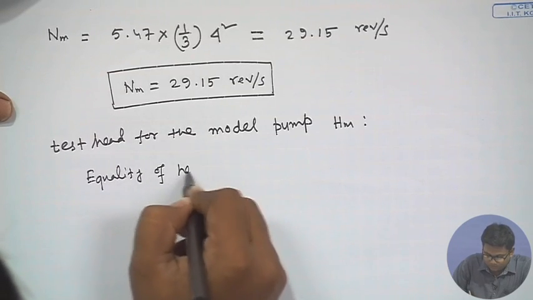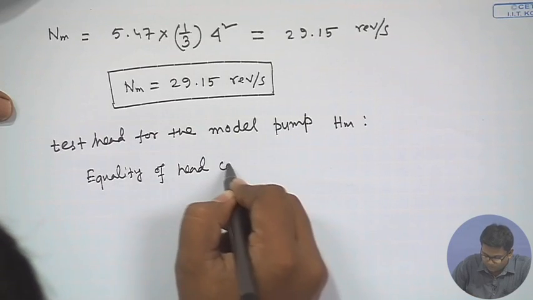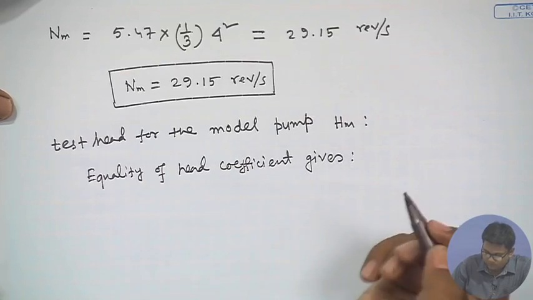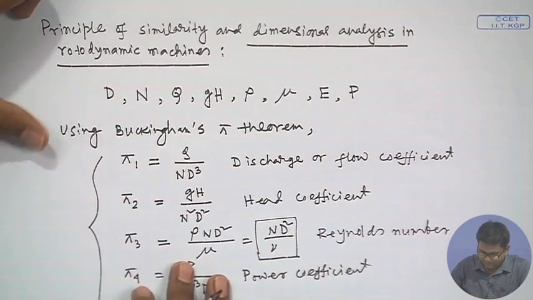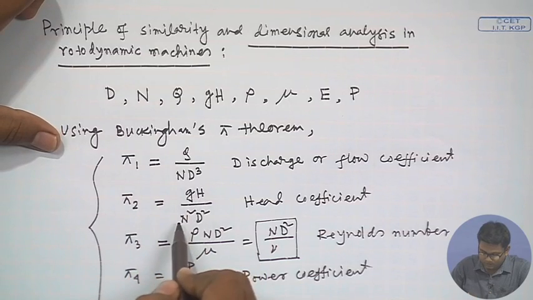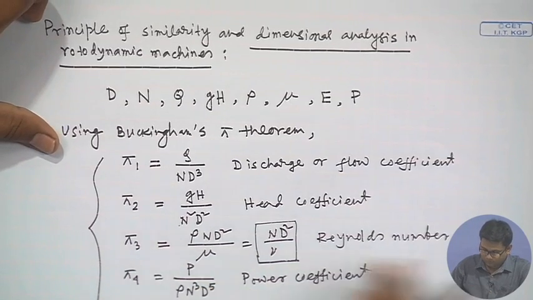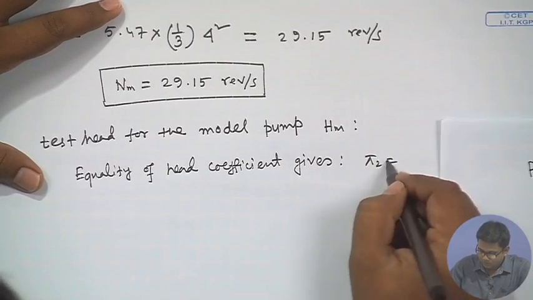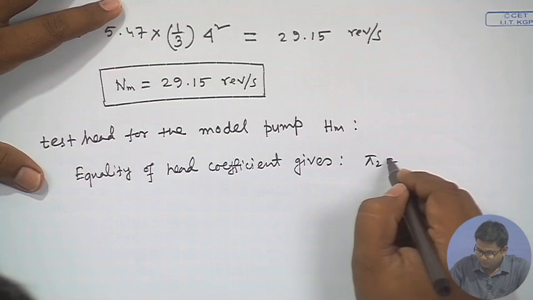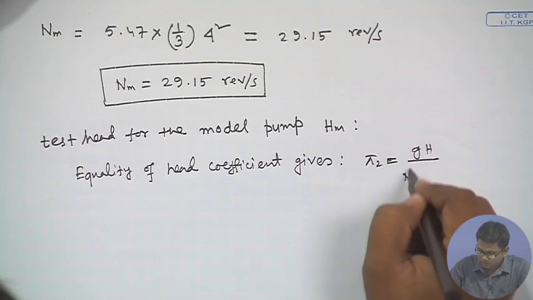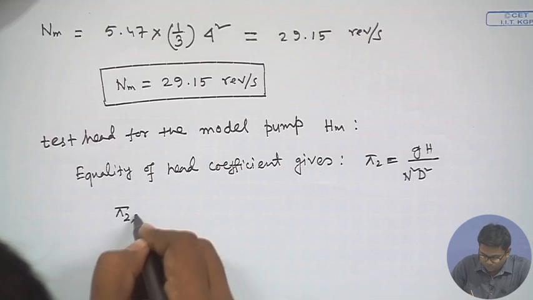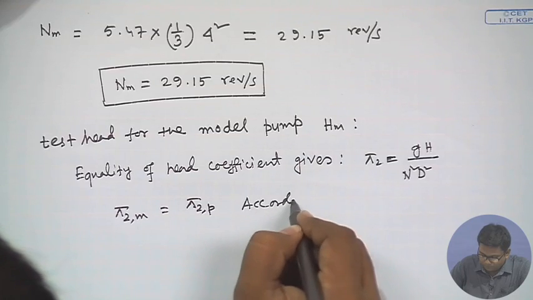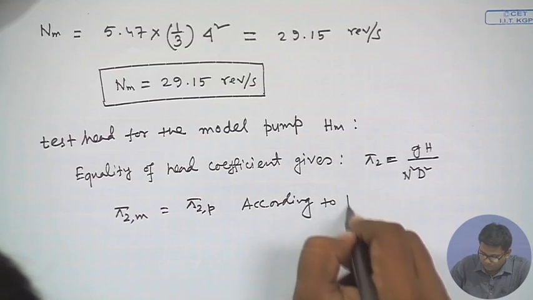Head coefficient, previously we have defined as pi2, which is gh by n square d square. So, we will make use of this relation. So, pi2 of model will be pi2 of prototype. This is according to the principle of similarity.